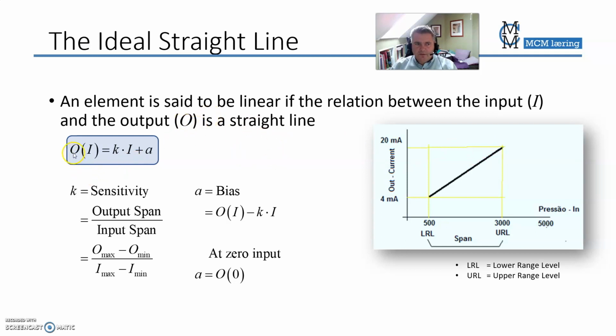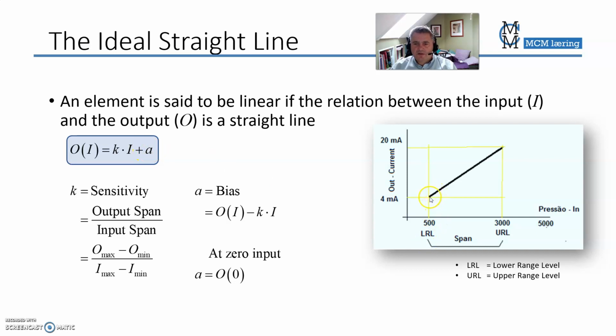So the output is some constant K multiplied by the input and then with a bias A added. The constant K defines the slope of this line here. A larger K would mean a steeper rise to the graph. And A, the bias, is the output at zero input.